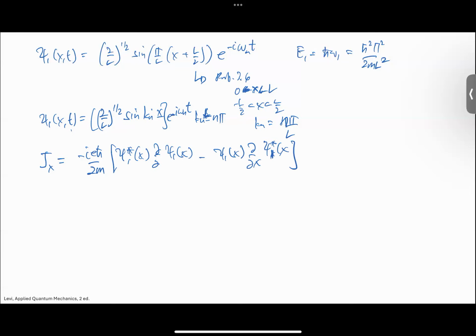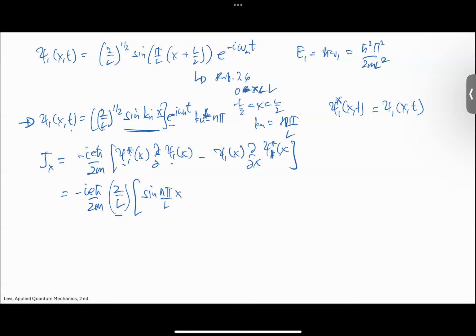Now we write negative iħ over 2m, psi_1 star. We can factor out the 2 over L: there is a square root of 2 over L here and a square root of 2 over L here, so it becomes just 2 over L. Then psi_1 of x, so we have a sine of n pi over L x times exponential i omega_n t, partial derivative with respect to x of psi_1.